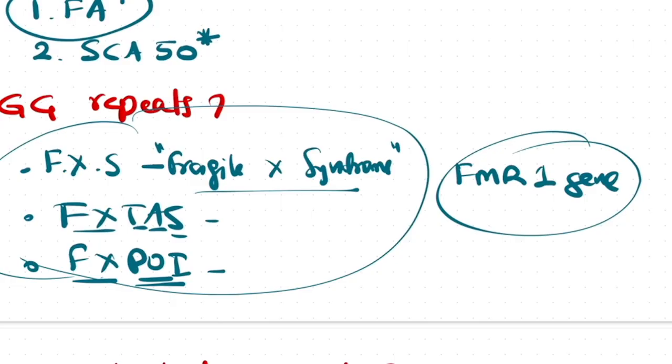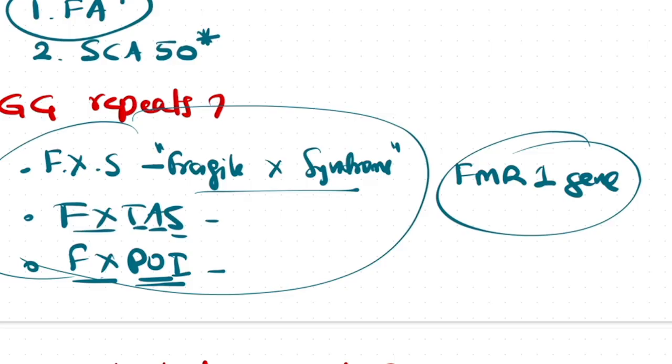Classically in Fragile X syndrome, the typical face will have a long face, long jaw, very large ears, high arched palate, macrocephaly, macroorchidism meaning large testes, and Prader-Willi phenotypes. They are obese with big organs.